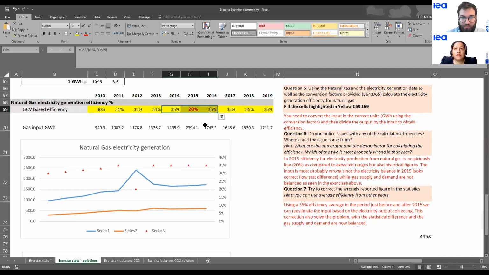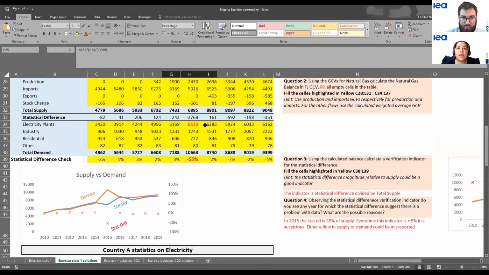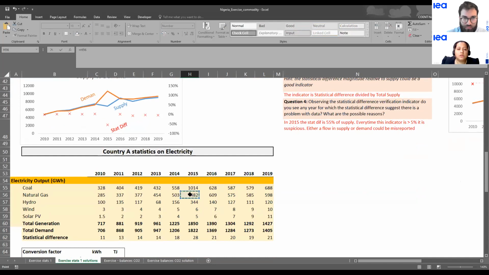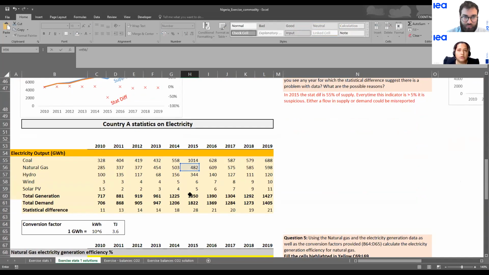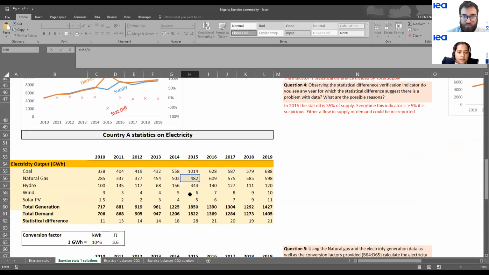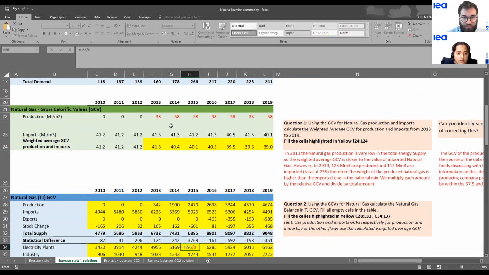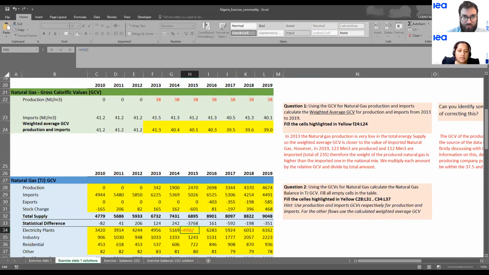So if we go then back to row H34, this number would be H56. So you would take your output, H56, so you would take 482, you would divide it, and you would apply the 35% efficiency to back calculate your input. So Nicola, if you go up here, yes, put here equal to H56 divided by bracket 35%.